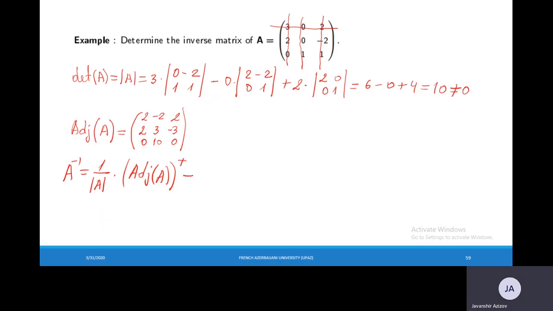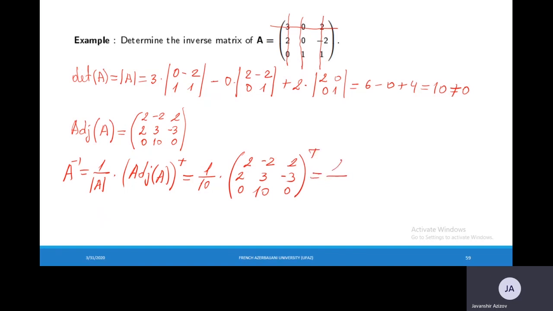This expression is equal to 1 over the determinant of A, which is 10, times the transpose of this matrix, 2 minus 2, 2, 2, 3 minus 3, 0, 10, 0.